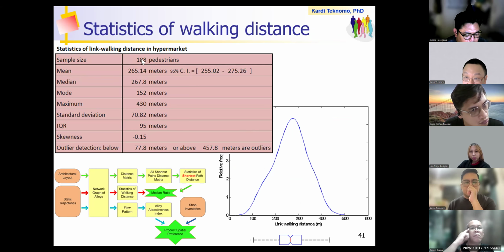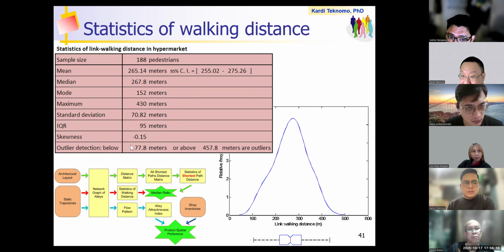We only gathered 188, actually more than that, but many samples were not correct, so we ignored them. I think 200 plus, but we removed some of the incorrect samples. So only 188 are valid.